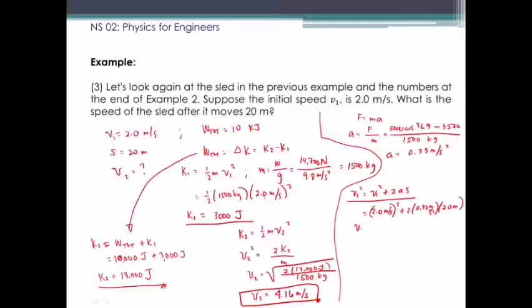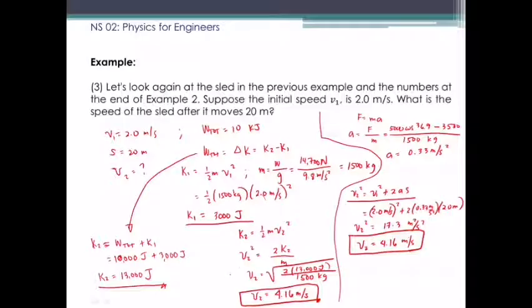So your V2 squared is 17.3 meters squared per second squared. So square root of that to get your V2, 4.16 meters per second. So you get the same answer, class.